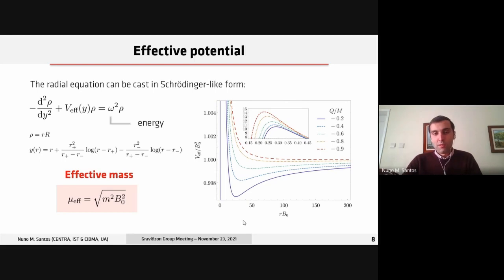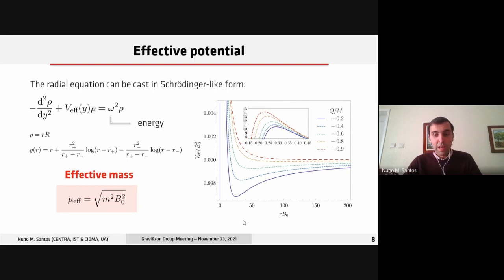So before proceeding, let me just explain this plot. It shows the effective potential as a function of the radial coordinate r for different negative electric charges per unit mass, so different charge to mass ratios. From this plot, you can see that the magnetic field is like a potential barrier at r times b naught of the order of unity.